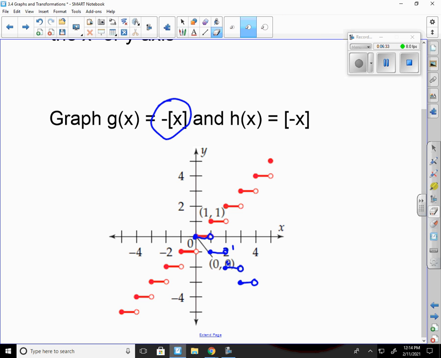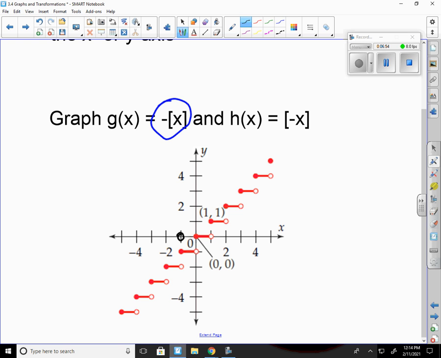Now let's look at the next one for h of x. H of x is negative x, right? And so if I'm talking about from 0 to negative 1, it's going to flip it across the y-axis.